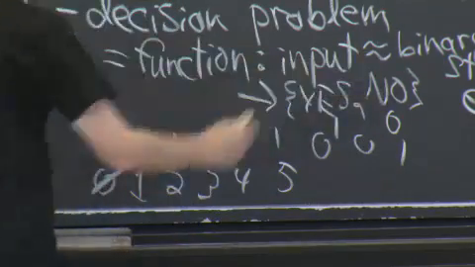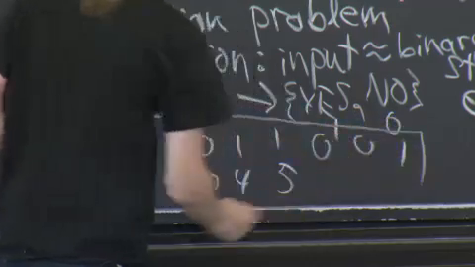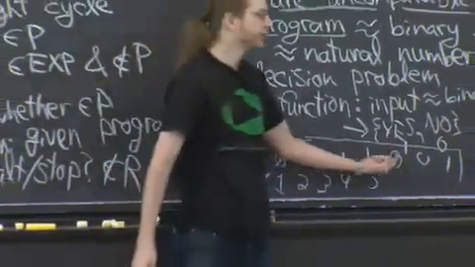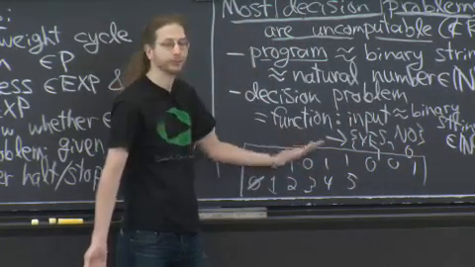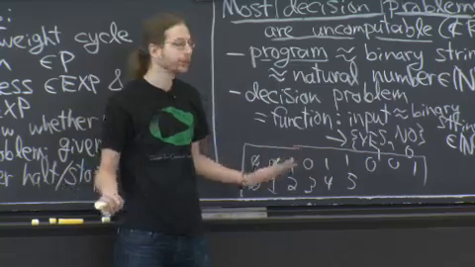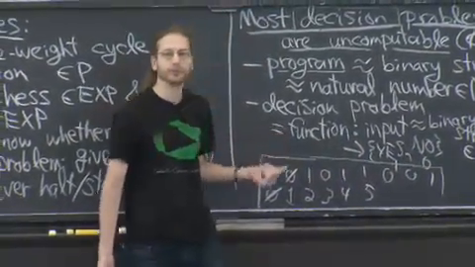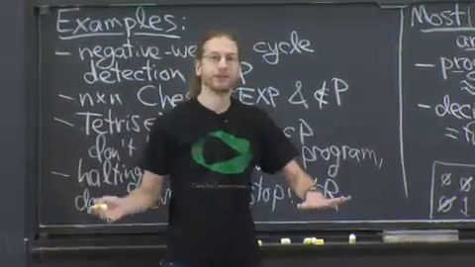So I could write the table of all answers. This is another way to write down such a function. What we have here is an infinite string of bits. Each of them could be 0 or 1. It would be a different problem each time, but they all exist. Any infinite string of bits represents a decision problem. They're the same thing. So a decision problem is an infinite string of bits.